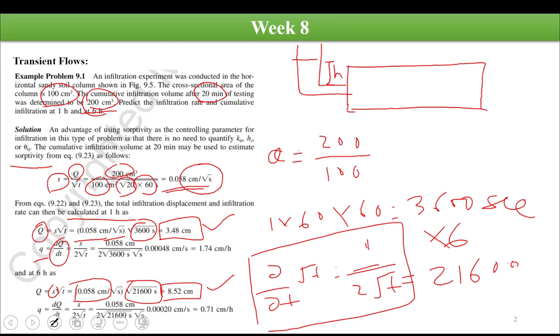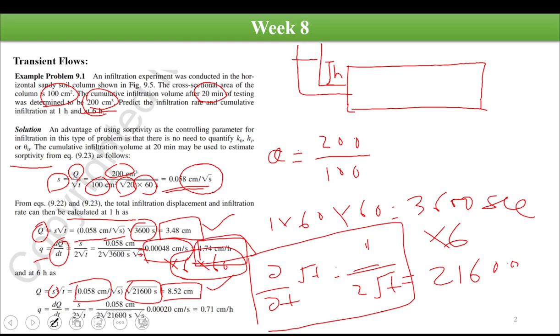Okay, so it's actually equal to 0.00048 centimeter per second. If we convert it to centimeter per hour, then it will be 1.74 centimeter per hour. Okay, so we just need to multiply this with 3600.